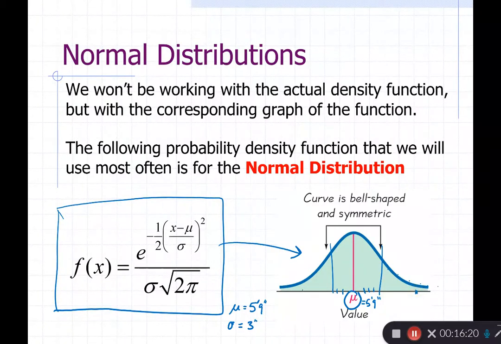Or an adult male that's 4'9", that would be way over here. Very unlikely, 4'9" or 7 feet tall. And so whether you're going above or below the mean, the farther you get away from that mean value, the less likely things are to happen. Okay, so in essence, that's what a normal distribution is.